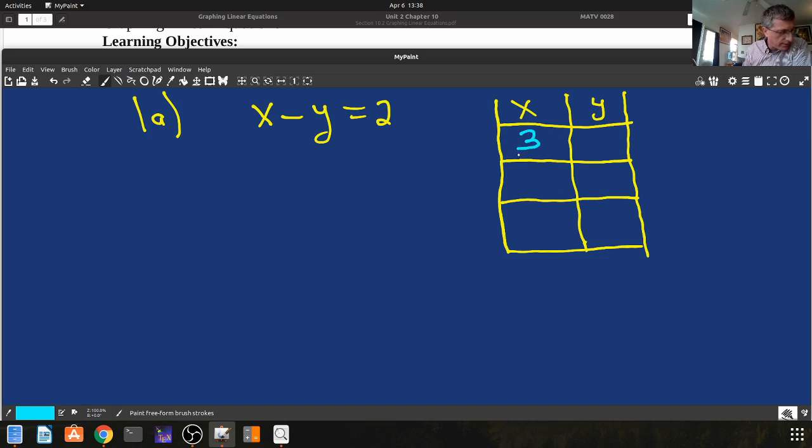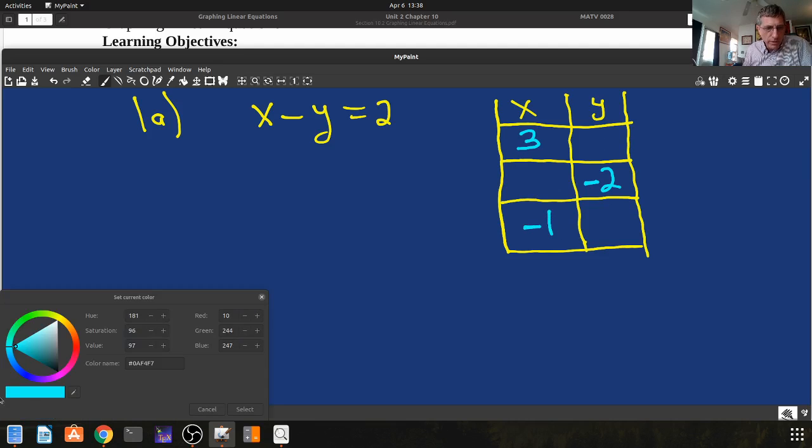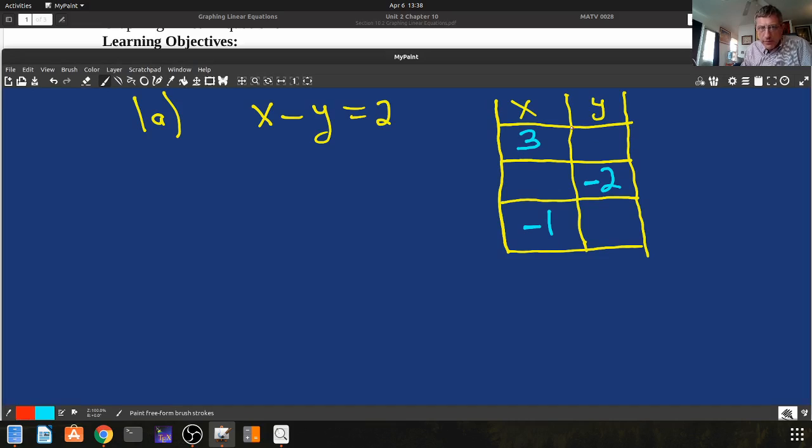In one case, they're going to give you x is equal to 3. In another case, they're going to give you y is equal to minus 2. And in the third case, looks like they give you x is equal to minus 1. So what we have to do is find out what value goes in here. Fill in the y value.